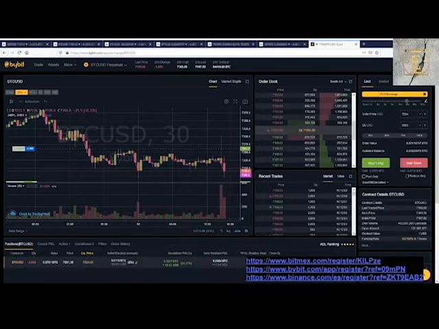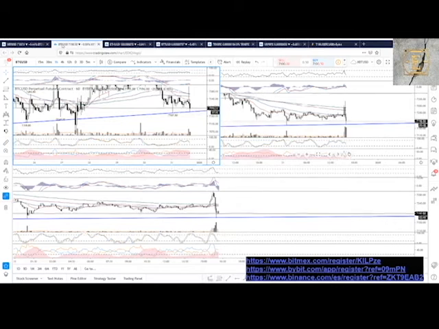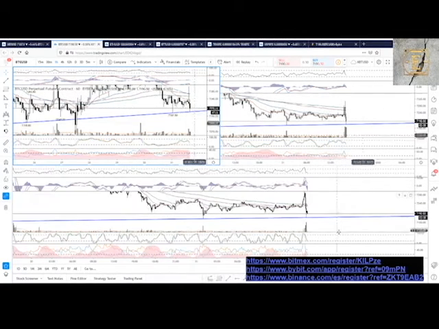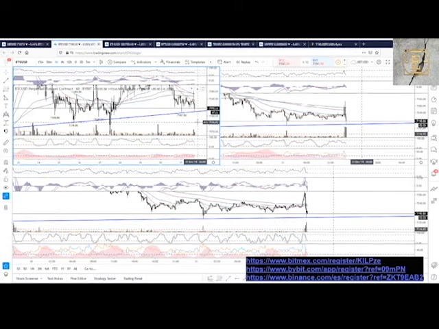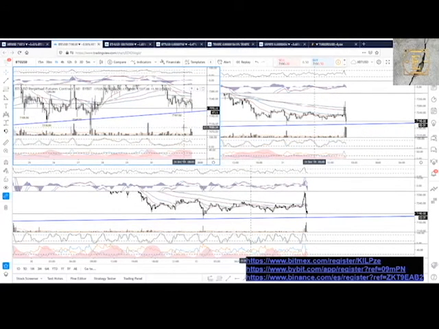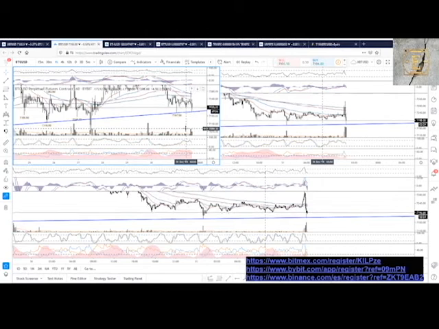Okay. I want to see how much I'm up on the Big Max. 40% up, almost.